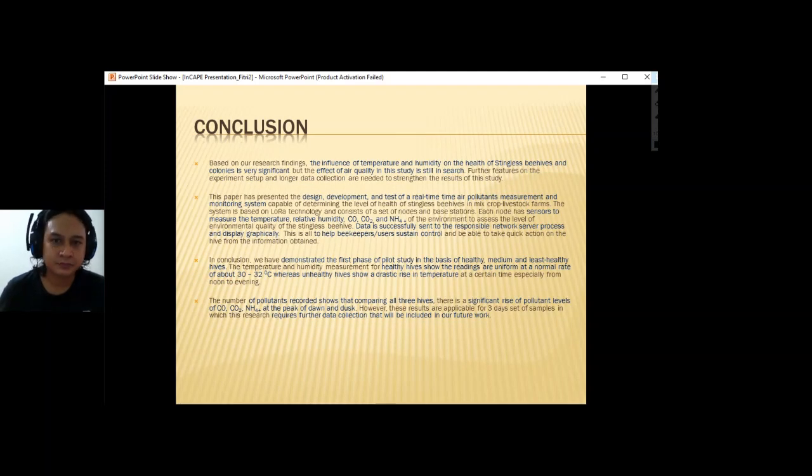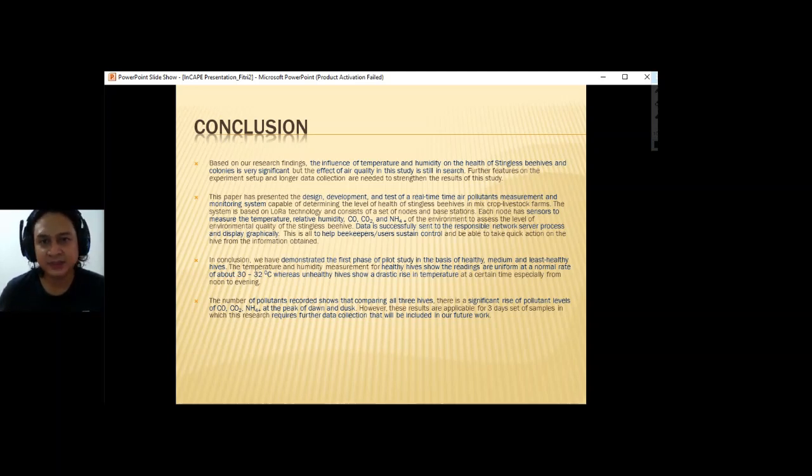Conclusion: the influence of temperature and humidity on the health of the stingless beehive and colony is very significant, but the effect of air quality in this study is still under investigation.